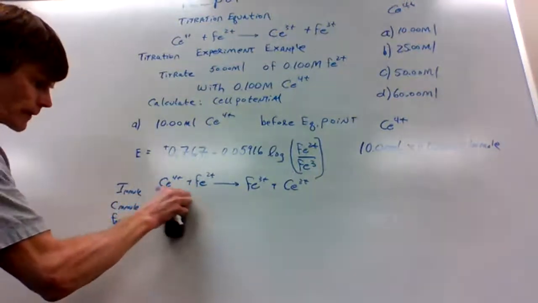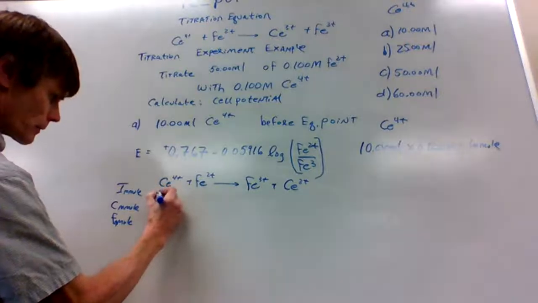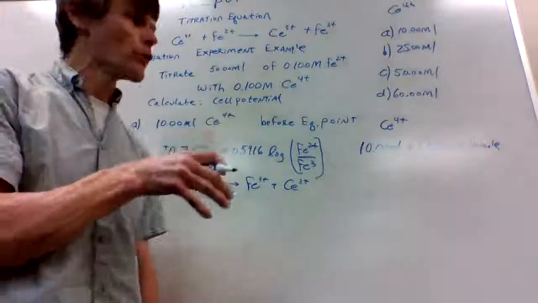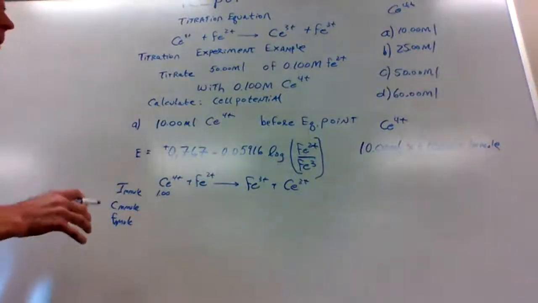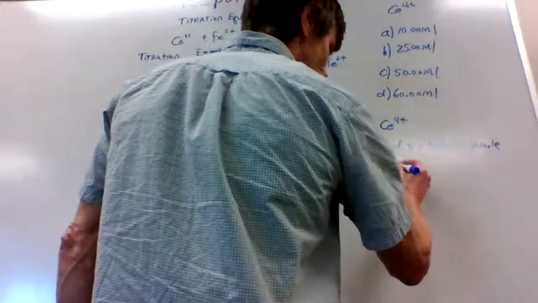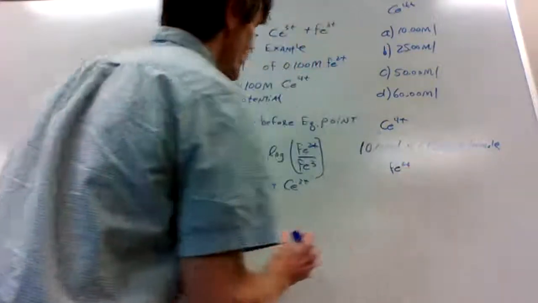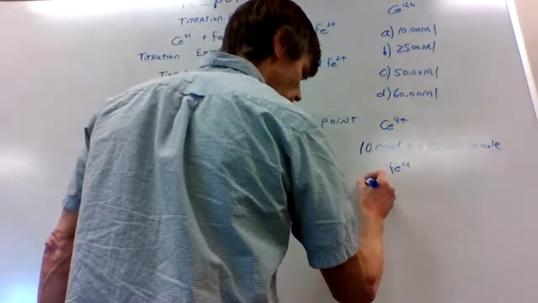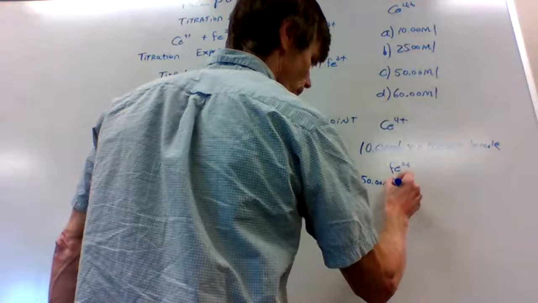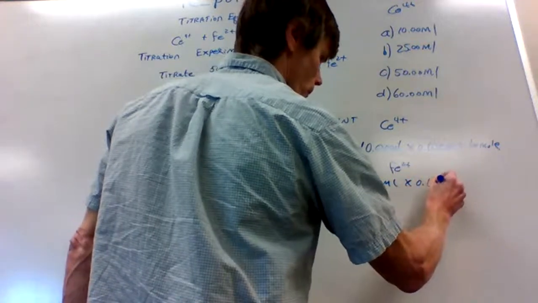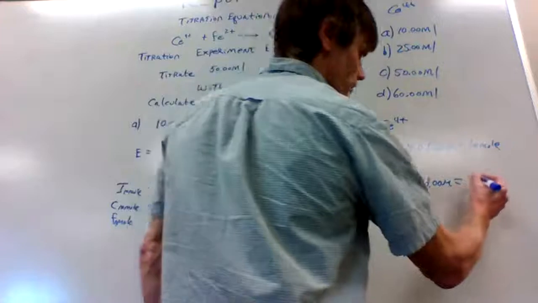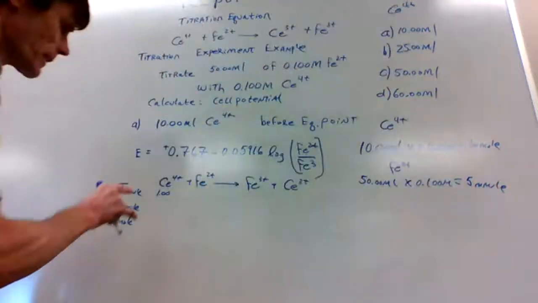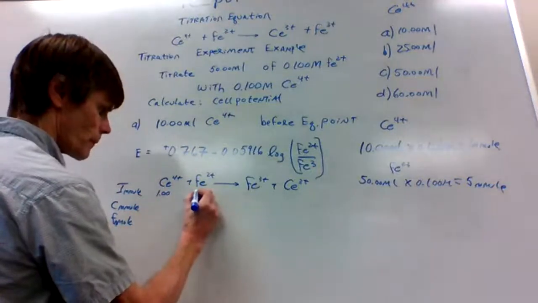I'll just put a 1 in there. We know that's in millimoles. It's kind of sloppy. We've already calculated the number of millimoles of iron 2, but just to remind you, iron 2 is 50 milliliters of the 0.1 molar. It's 5 millimole. And let's put that into our table.